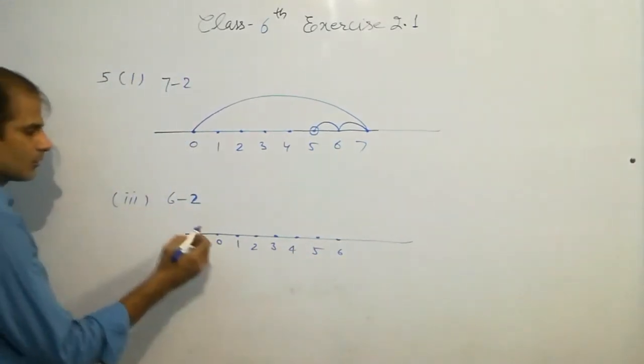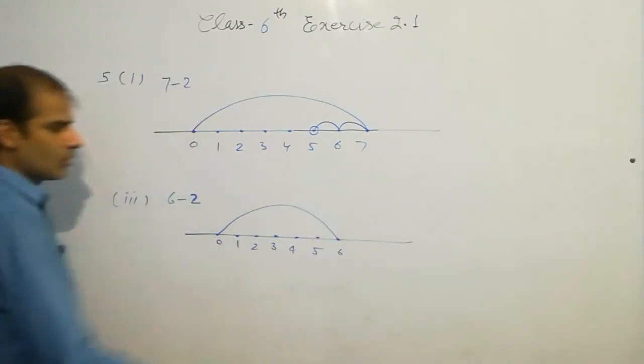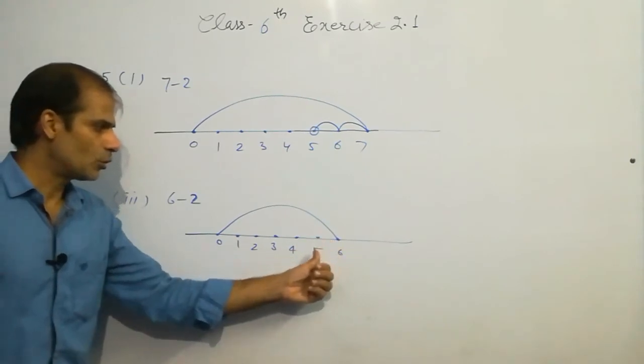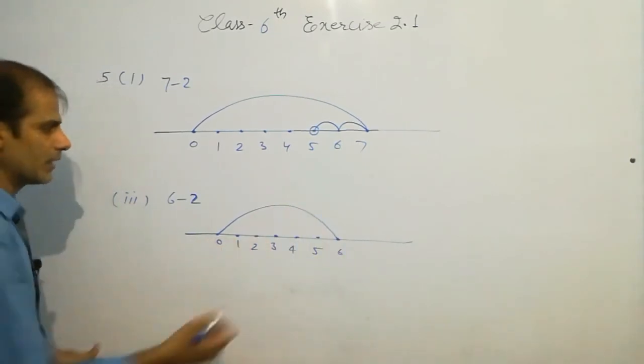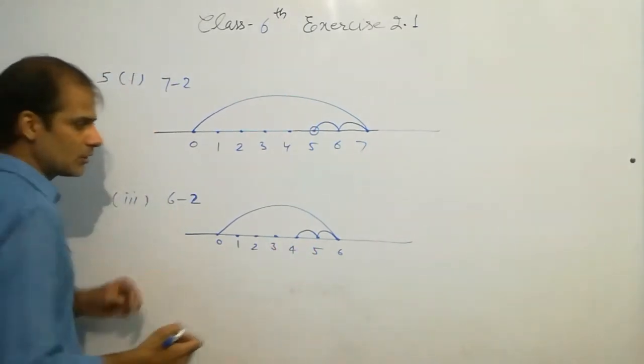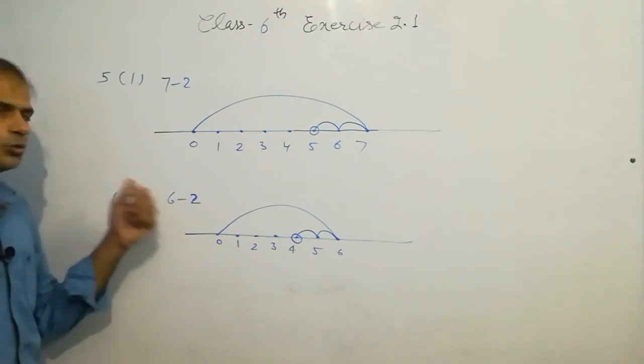Start with 6, so start from 0 and reach up to 6. Now it is minus 2. Again move 2 positions to the left hand side, first and second. So 2 positions towards left and this is the answer, because 6 minus 2 is 4.